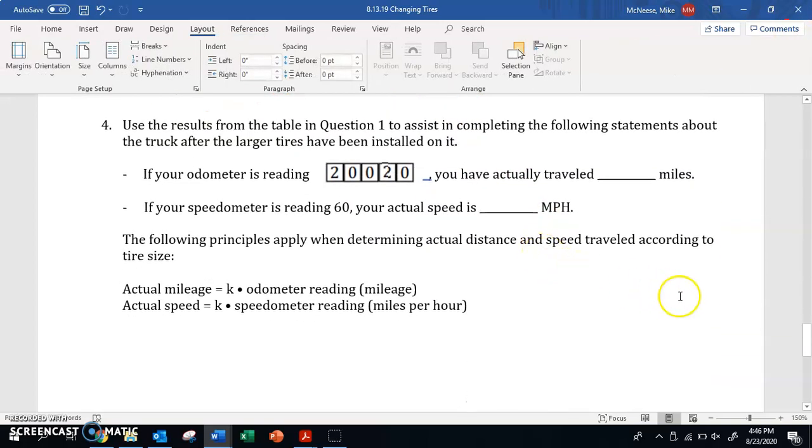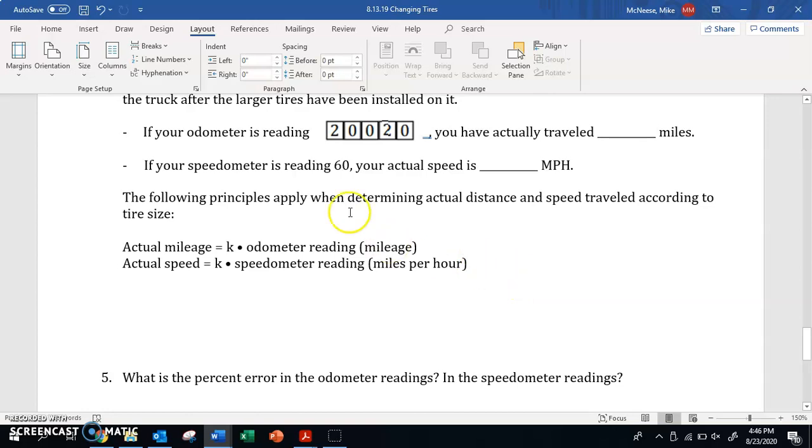Okay, and then the next one says use the results from the table in question 1 to assist in completing the following statements about the truck after larger tires have been installed. So now we're going to be able to answer this. We're going to find the actual mileage and the actual speed. If our reading on the odometer is 20,020 miles, how far have we actually gone? Actual mileage is our K factor times the odometer reading.